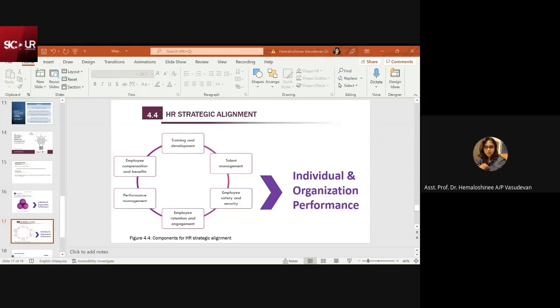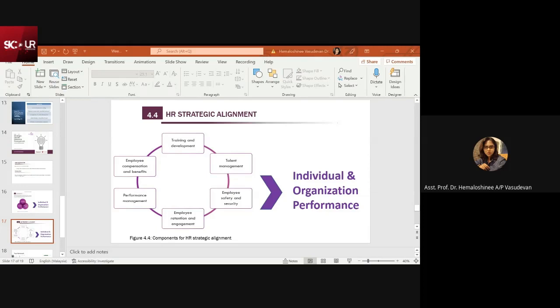Employee safety and security. What is HR trying to mean by employee safety and security? Any of you? Is it related to the benefits like insurance, salary? Of course, if you look into the HR strategy, employee safety and security, they go for employee welfare.